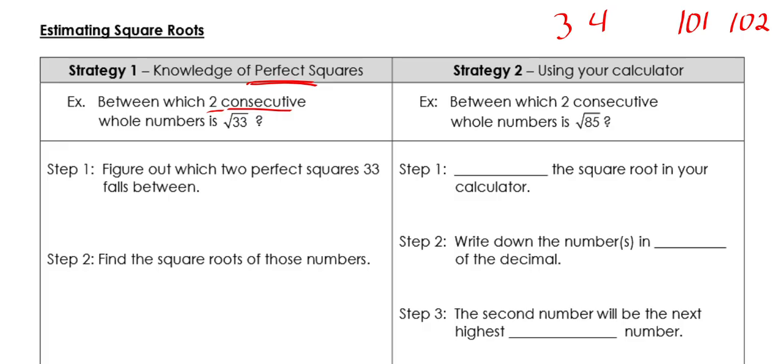So one way we could do this is think about the perfect squares that surround this. What perfect squares are on either side of it? Well, I know that 25 is a perfect square, and 36 is another perfect square. Those are the two that are closest to it on either side. One is smaller, one's bigger, but there's no other perfect squares in between.